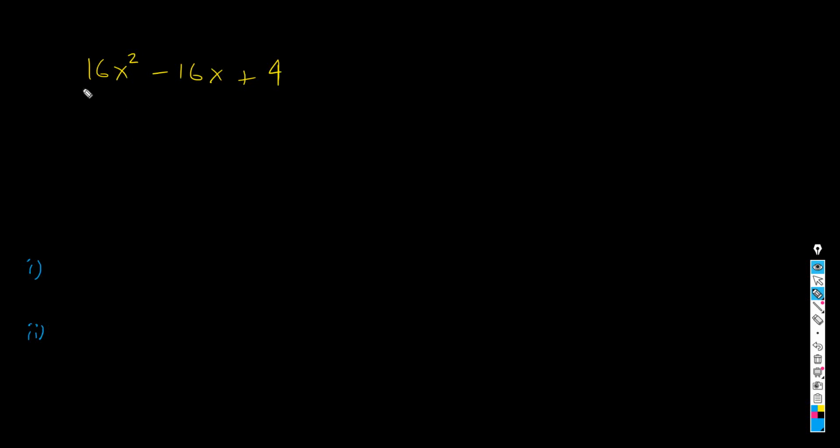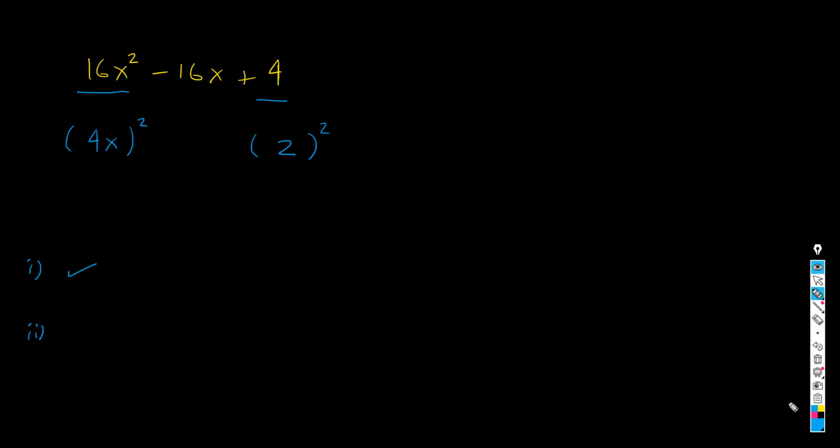First step, look at the first and last terms and try to see whether they can be written as the square of something. 16x squared. Can that be written as the square of something? Yes, it's going to be the square of 4x. And 4 will be the square of 2. So the first step is fulfilled.